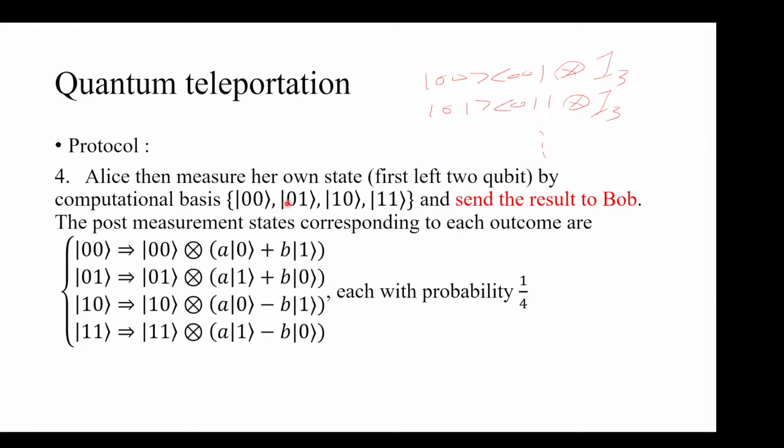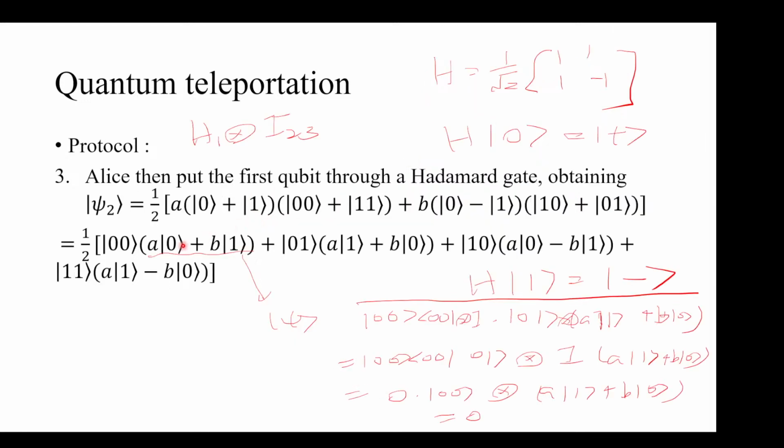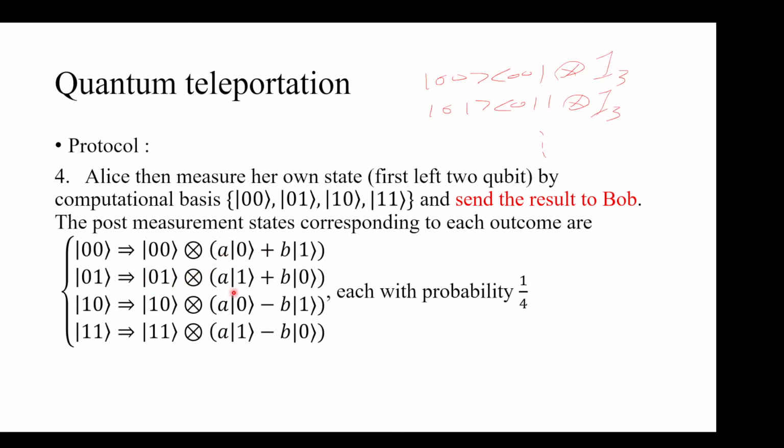So when you try to get the outcome 0, 1, the 0, 0, 1, 0, and 1, 1 states have 0 amplitude on your projector, and you are left with this |0,1⟩ tensor (A|1⟩ + B|0⟩) state. Okay, so that's why you have |0,1⟩ tensor (A|1⟩ + B|0⟩) here.